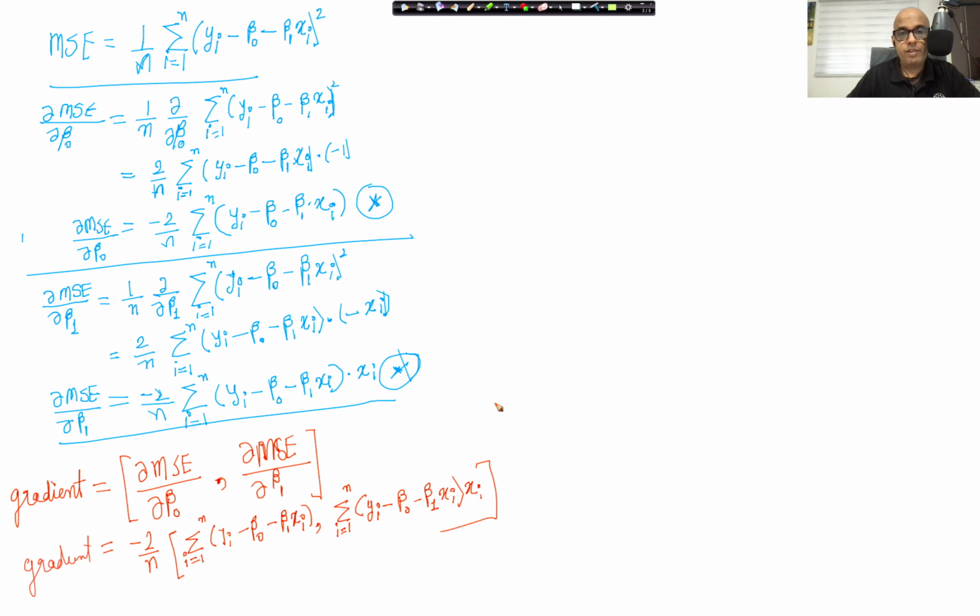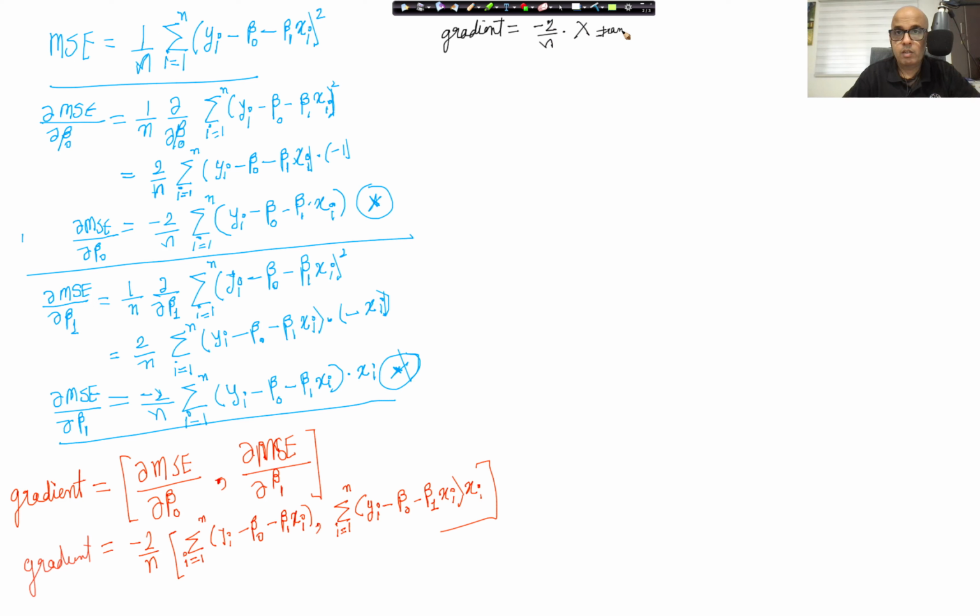Now if we try to implement this in the code, the way we have done this is we have taken the value of gradient is equal to minus 2 by n, and then we have x underscore train.